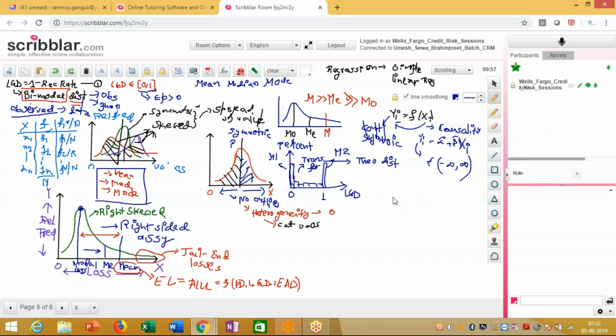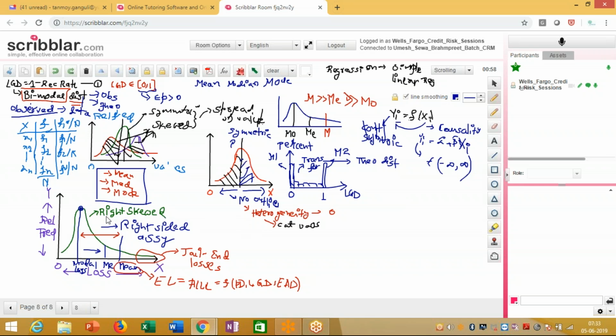Since LGD models have a continuous dependent variable, let's say the recovery rate, what we need to do is first transform this bimodal distribution into a symmetric distribution using some possible techniques. That is the reason why this transformation becomes important.